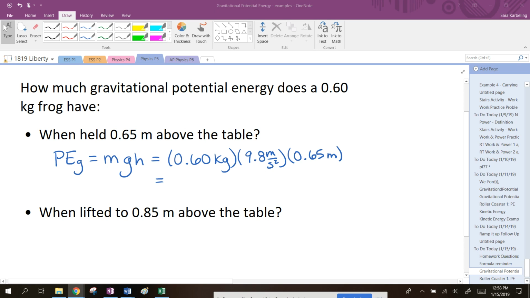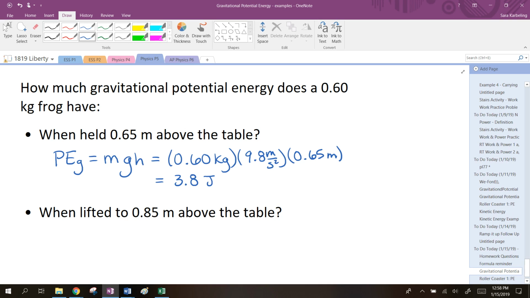Do you guys agree with him? 3.8 what? Joules? Yeah, of course it is, because we did this yesterday. 3.8 joules. Energy is measured in joules, just like work is measured in joules, because it's all the same stuff, really. Okay, that was fun.